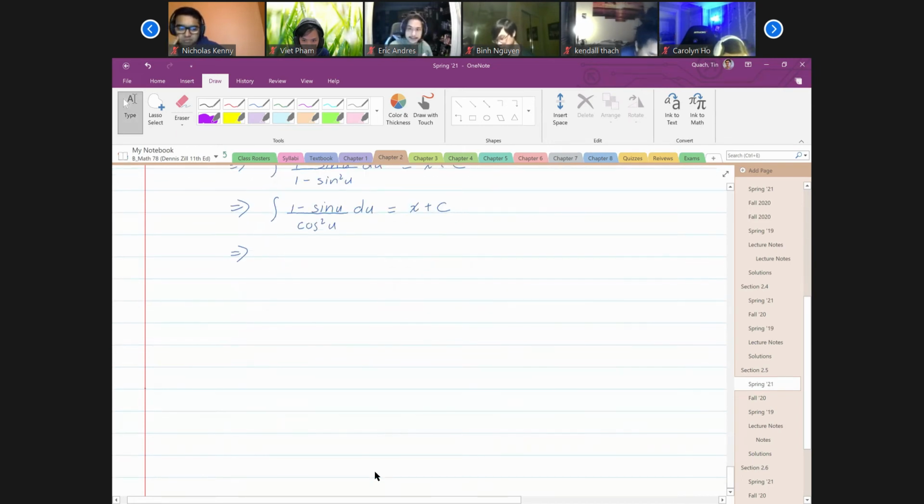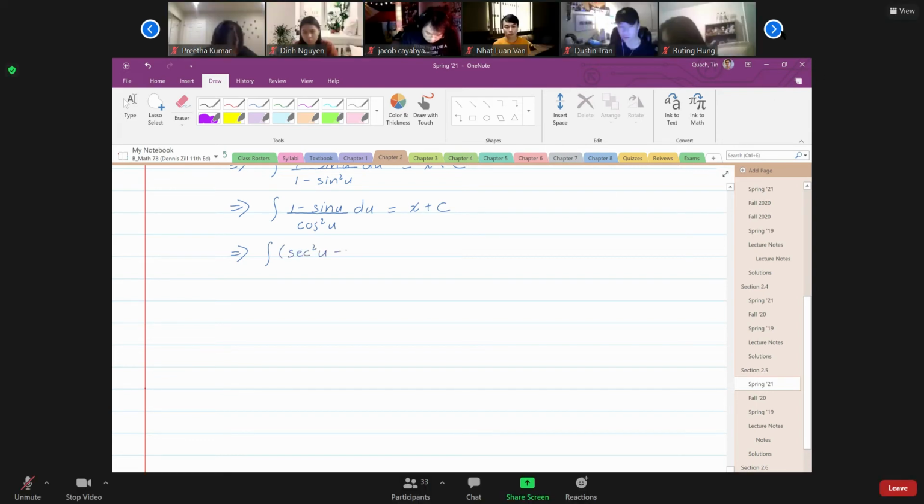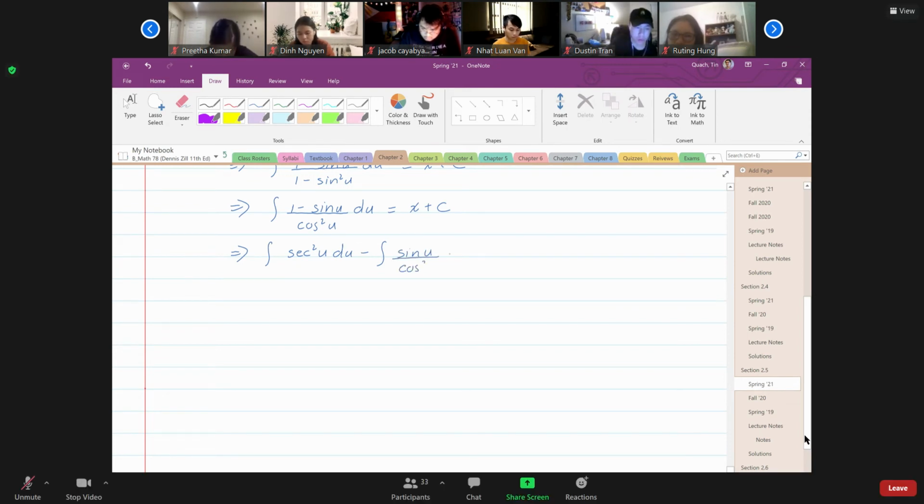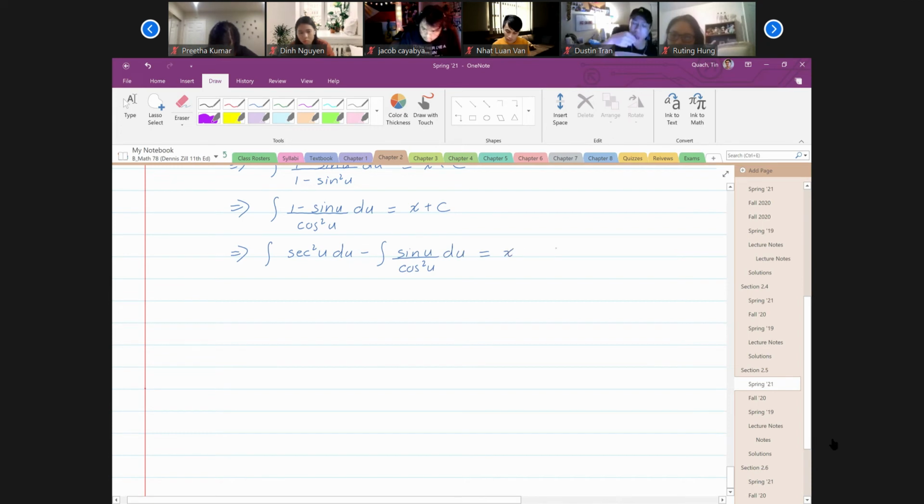And then I said, well, how am I going to do this, right? If push comes to shove and you don't know how to do it, then you try to simplify the integrand as much as you can. So that is 1 over cosine squared, which is secant squared, and then minus sine of u over cosine squared of u.